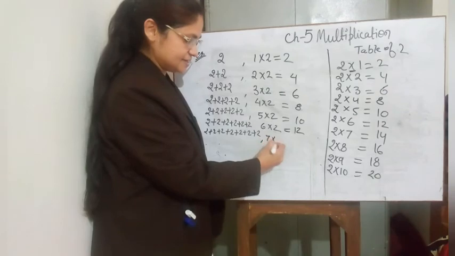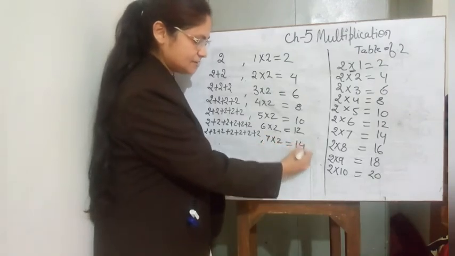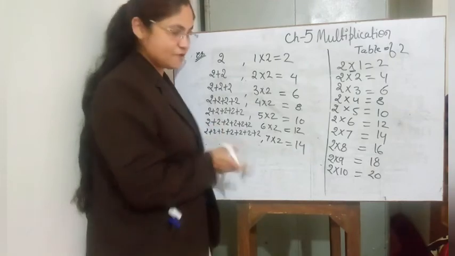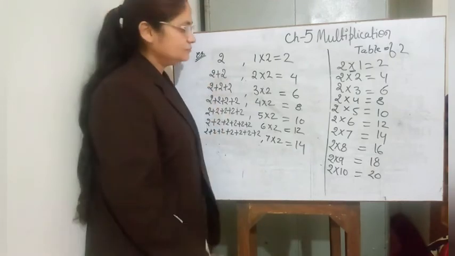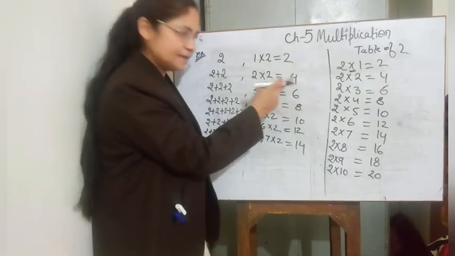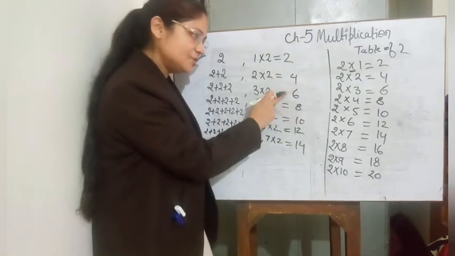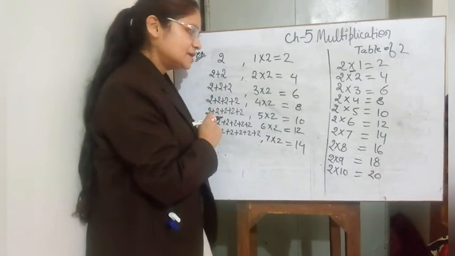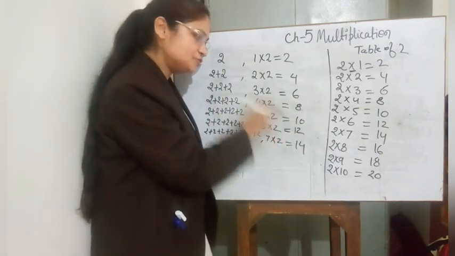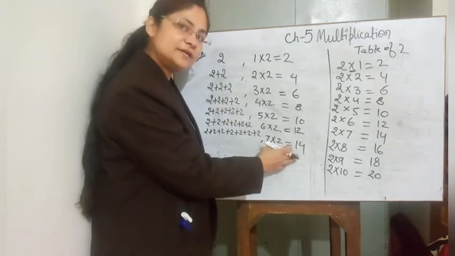So 7 multiplied by 2 is 14. Now let us see this from the beginning. What is happening here? 2, then we got 4, then 6, then 8, then 10, then 12, then 14.